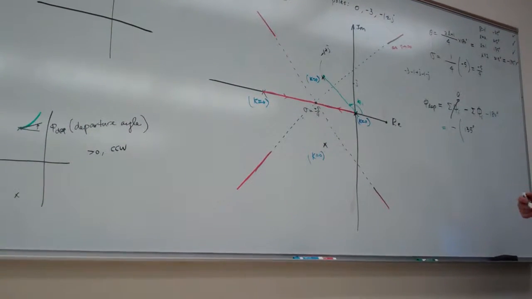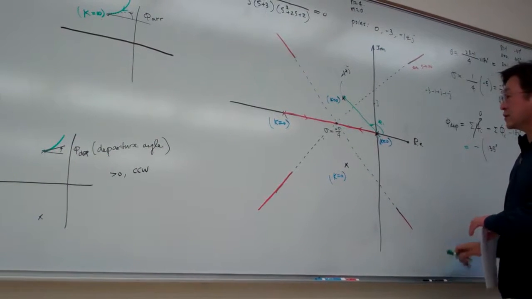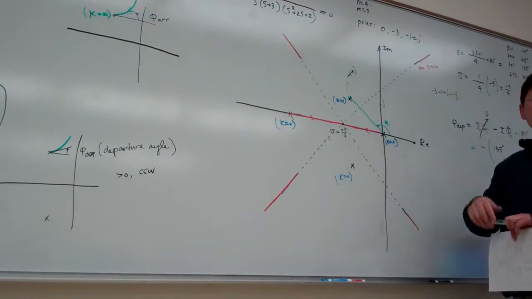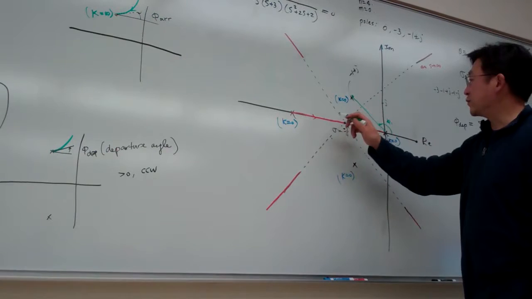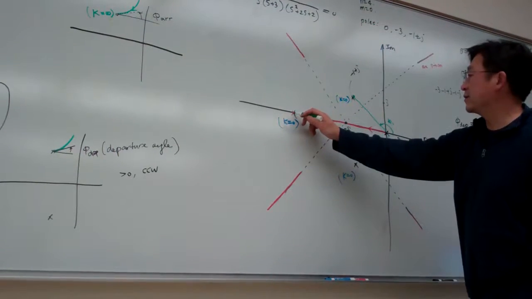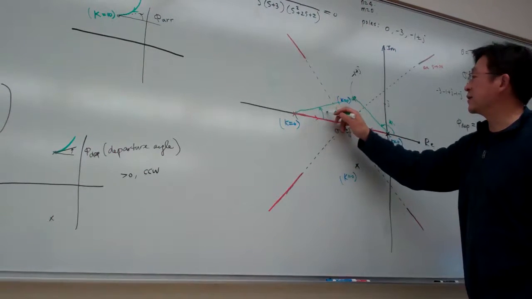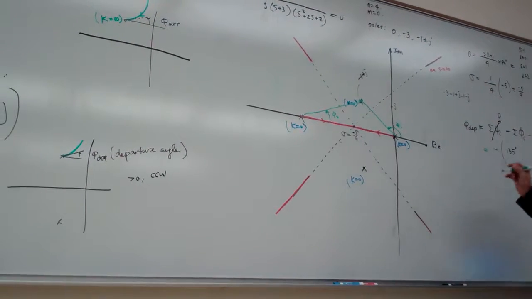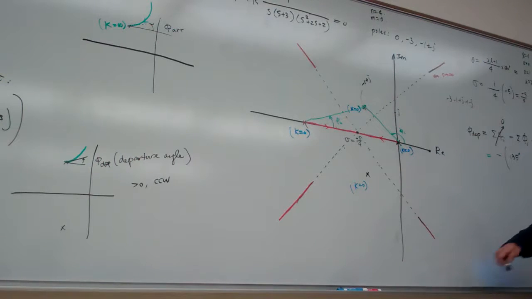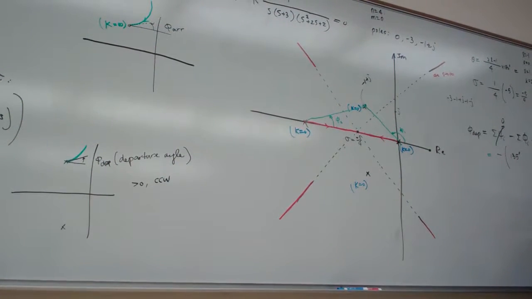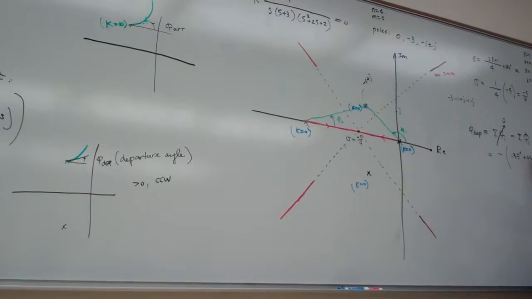Okay. Then the next one, what is phi2? We just scan through all the poles. So the next one, let me choose this one. Okay, 45? Yeah, this one is 45 degrees. We just assume that phi3 is 90.